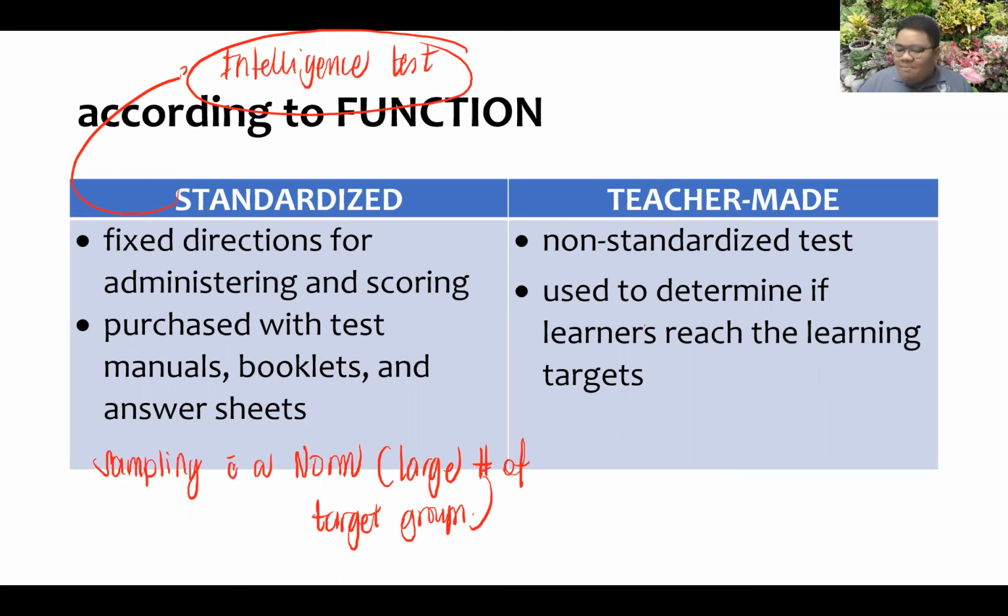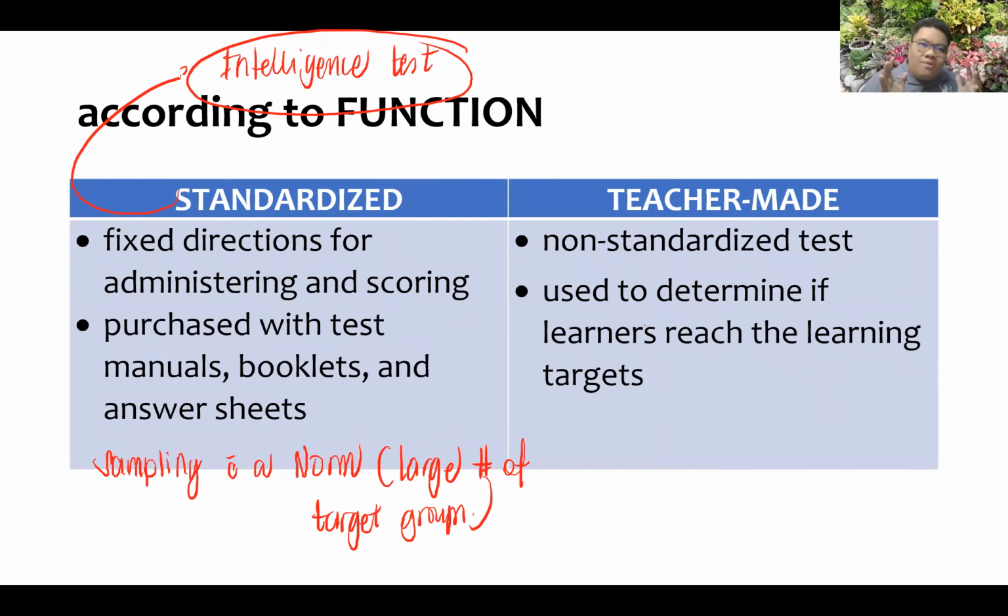So halimbawa sa Pilipinas, okay? A very good example for this is, other than the IQ test that you have, another example perhaps is our parameters in health. So halimbawa yung underweight, overweight, at saka normal weight, it actually varies depending on the culture and depending on the race and ethnicity of our patients or clientele.